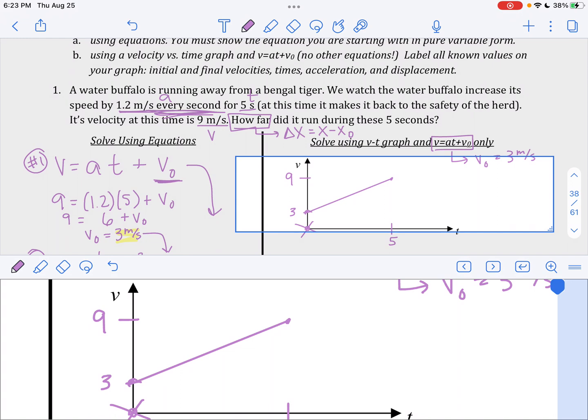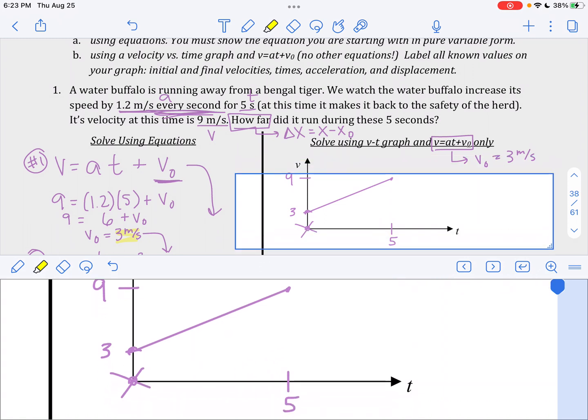Now remember, my goal in this problem is to solve how far. And how far is the displacement. So on a velocity time graph, that's the area from the graph to the x-axis.